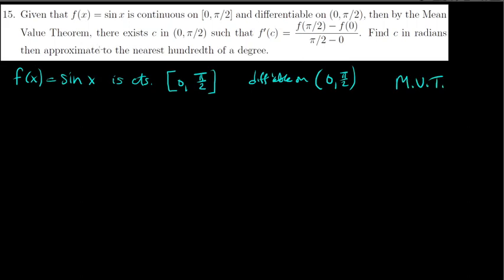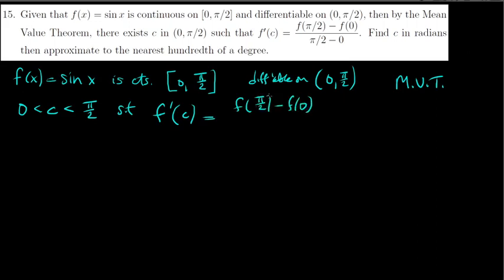So the claim is that there exists a C. So there is a C somewhere between 0 and pi over 2, such that the derivative of sine, which is cosine at C, is equal to f of pi over 2 minus f of 0 over pi over 2 minus 0.